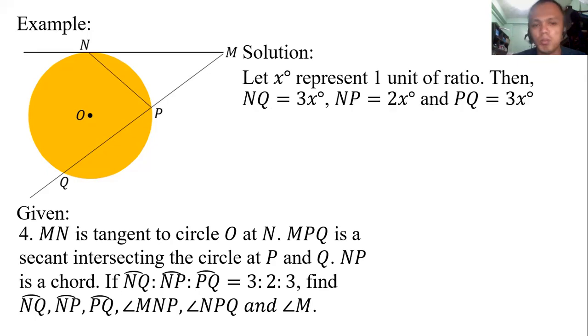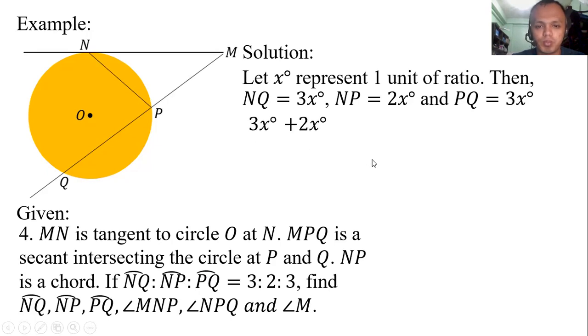So here, your NQ, which is 3, magiging 3x degrees. Yung NP natin is 2x degrees, and then yung PQ natin is 3x degrees.